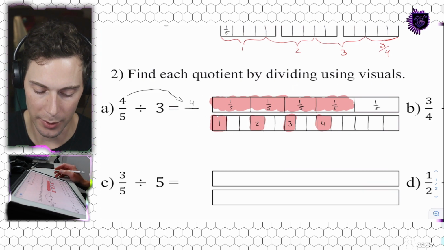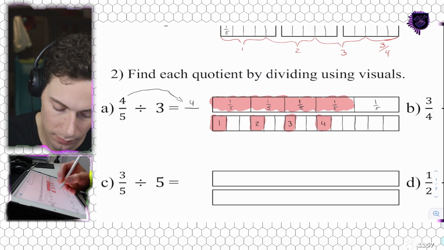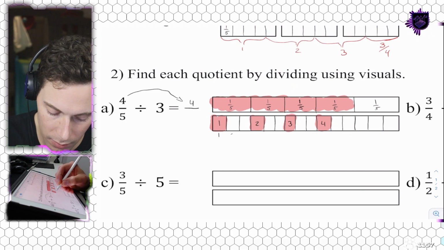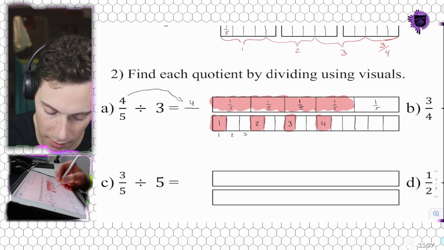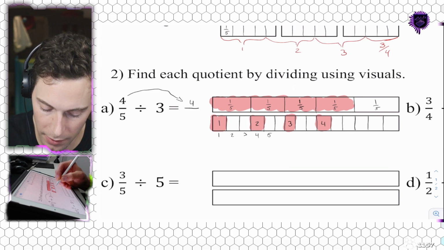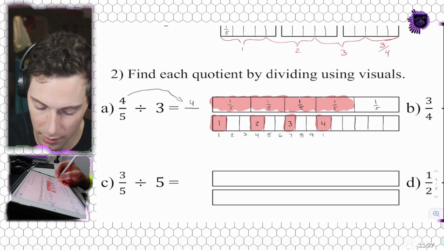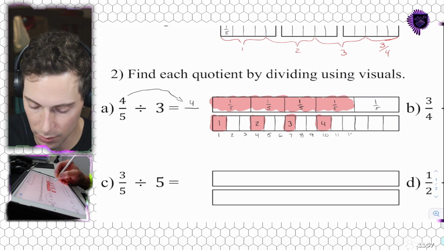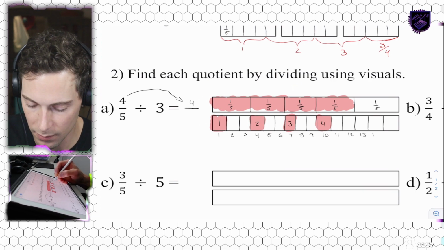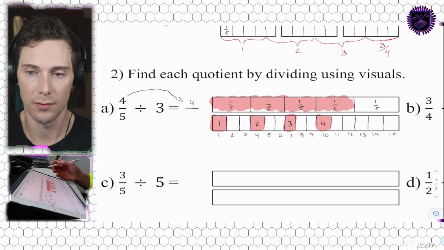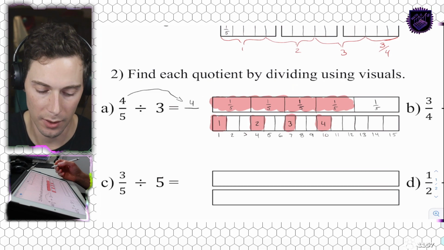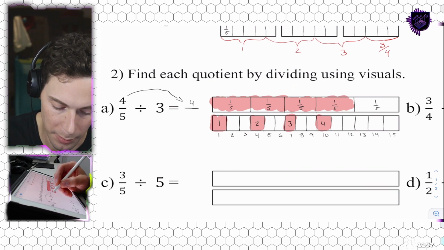How many pieces do we have in total? 1, 2, 3, 4, 5, 6, 7, 8, 9, 10, 11, 12, 13, 14, 15. We have 15 pieces in total.